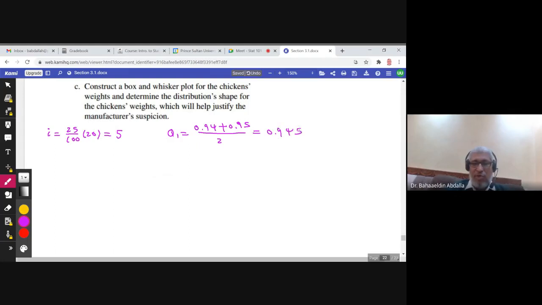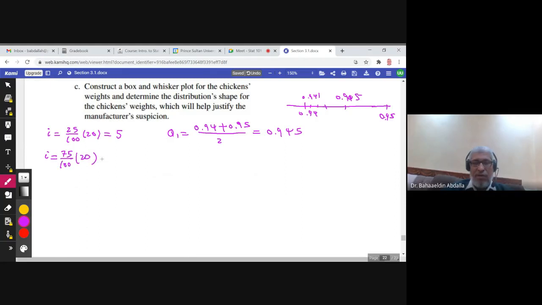Actually, the answer is 0.945. Because here you have 0.94 and here you have 0.95. Now this one would be 0.941, then 0.942, then 0.943. So here in the middle you have 0.945. Q1 is 0.945.